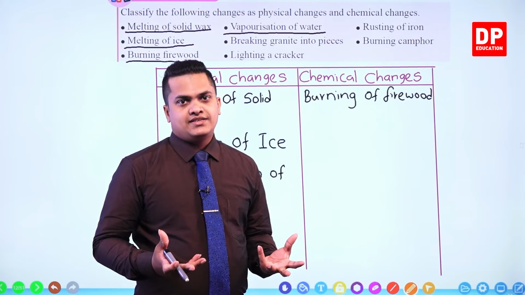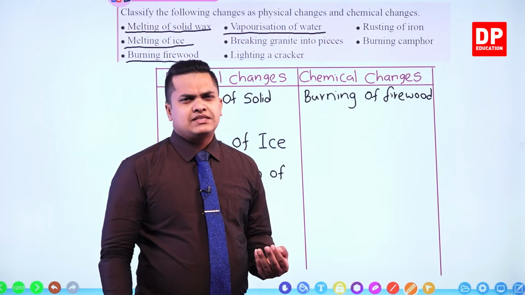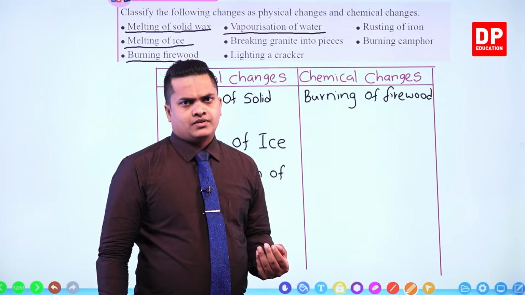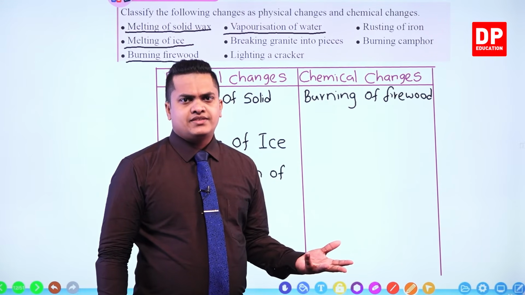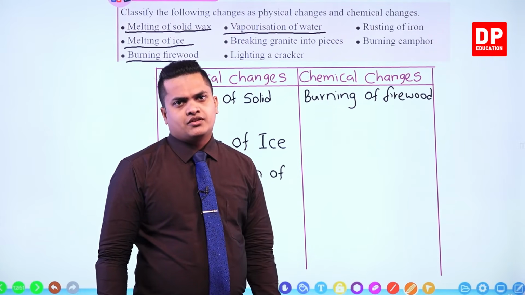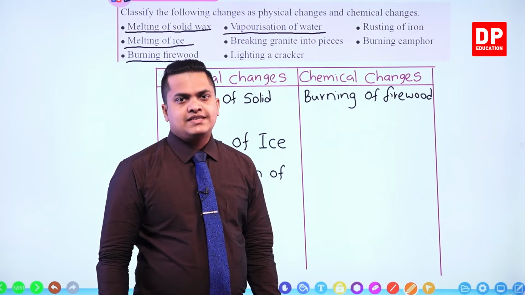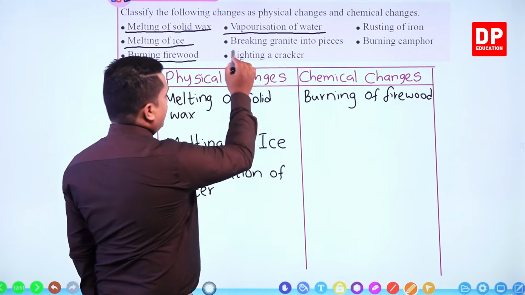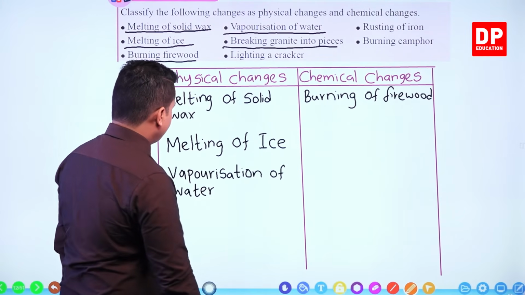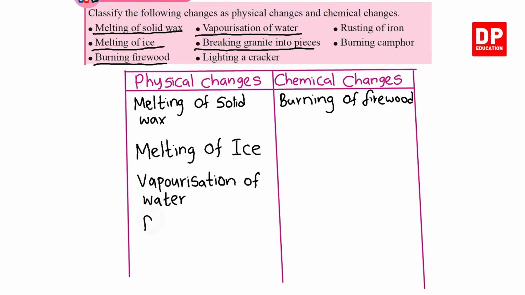When changing the size, no new substance is going to be created. The original substance remains the same, only the size is getting changed. So it's a good example for a physical change. So breaking granite into pieces, physical change.